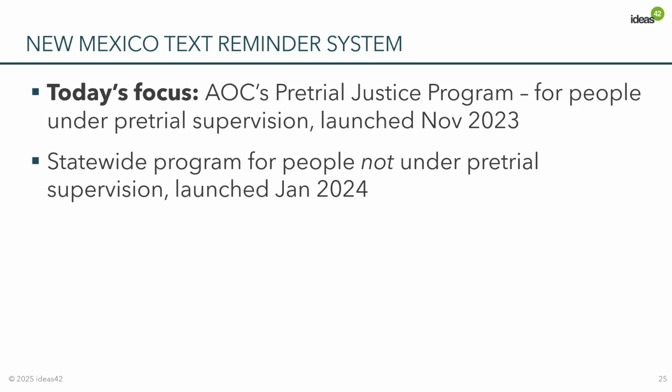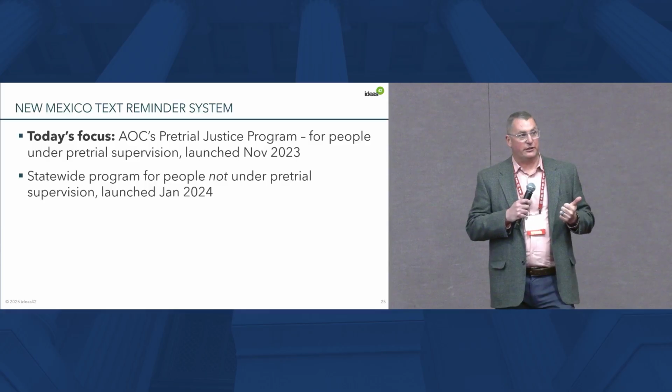So today, our focus is on court text messaging. We have two systems in New Mexico. Every criminal defendant in New Mexico gets text messages automated through the court system. And we'll talk about what that DIY system looks like later. And then every pretrial services client gets not only court hearing reminders, but we also set them up with court cancellation.